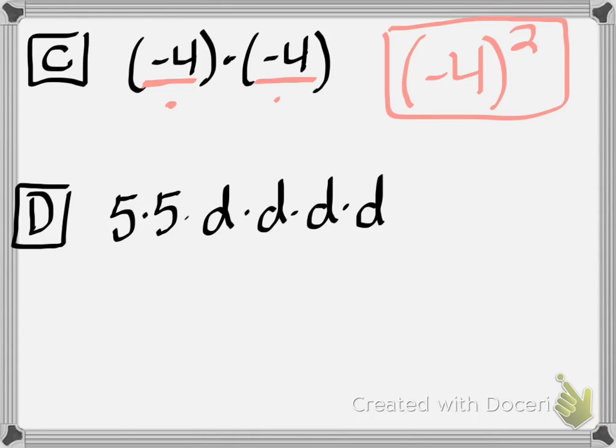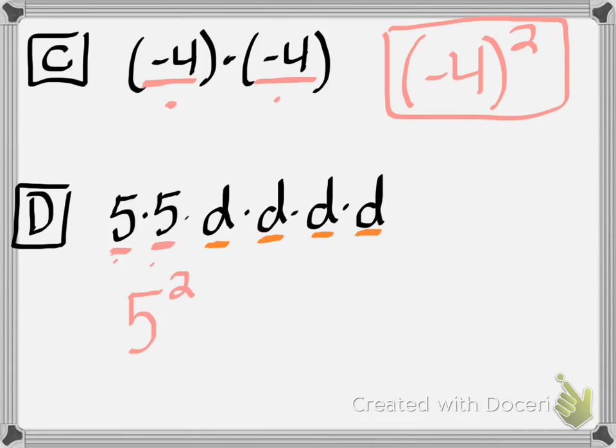In example D, I see 5 times 5 times D times D times D times D. So I have a base of 5, but then I also have a different one. I have D, D, D, and D. So my answer is going to have 2 different parts. I'm going to use my base of 5, and I have 2 of them.